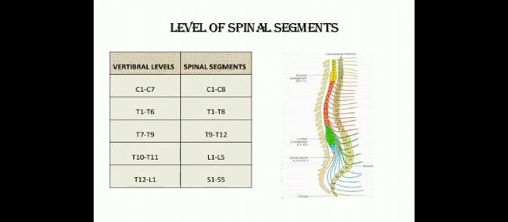When we observe all these things, all the spinal nerves except C1 to C8 exit below their corresponding vertebrae. The nerves C1 to C7 leave above the corresponding vertebrae. The C8 nerve leaves below the C7 vertebra.